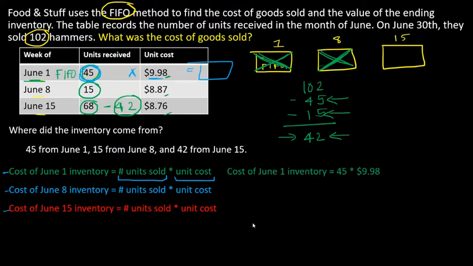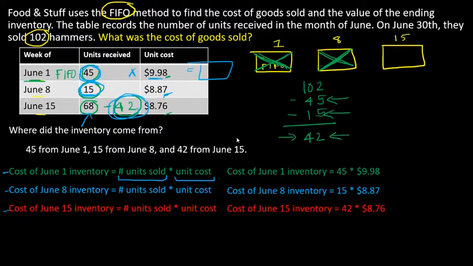So I take 45 times 998, and then for June 8th, I'll do 15, right? I sold all 15 of those hammers, times 887, the unit cost for that date. And then for June 15th, remember, I did not sell all 68 of those hammers. I only sold 42. So then I take 42 times the unit cost of 876.